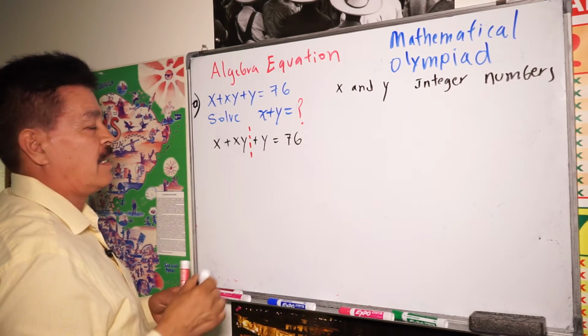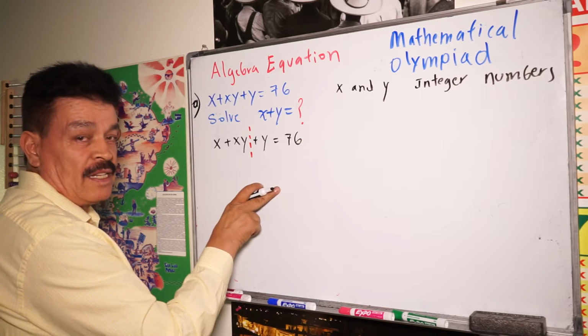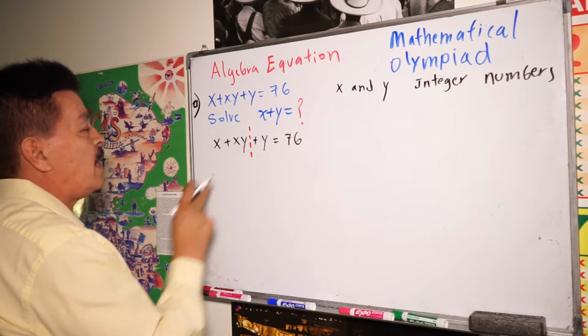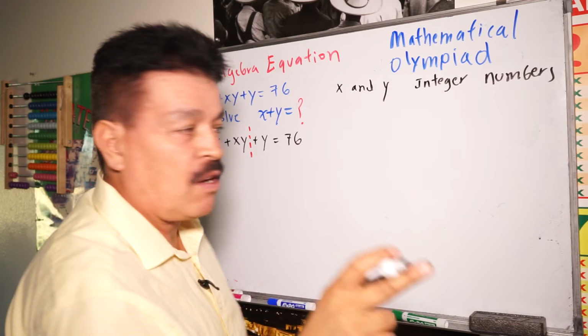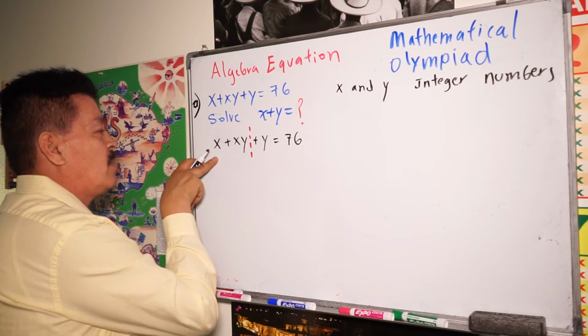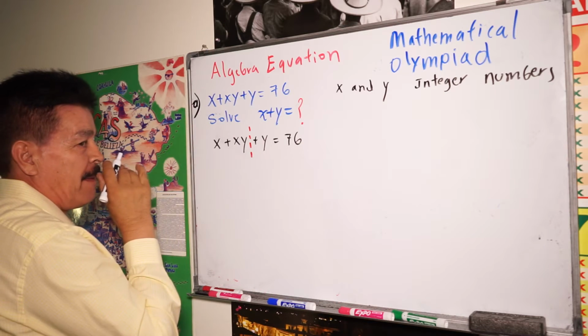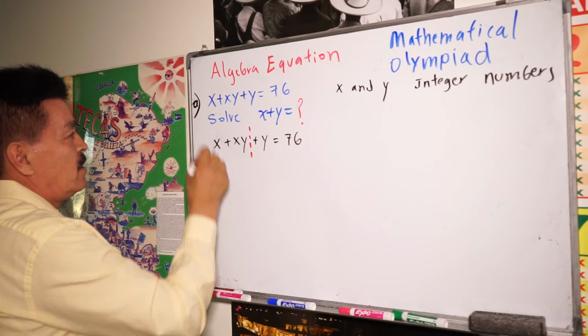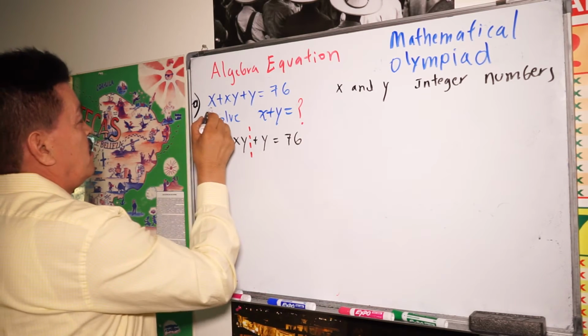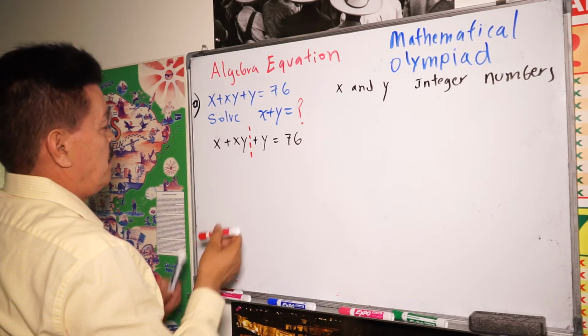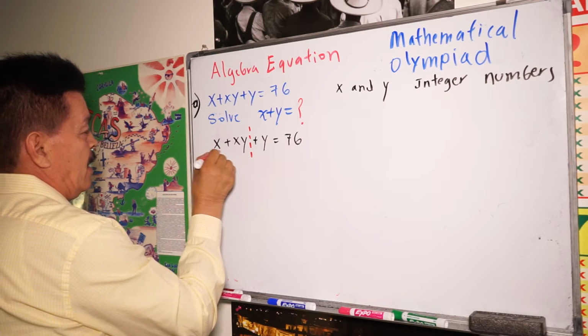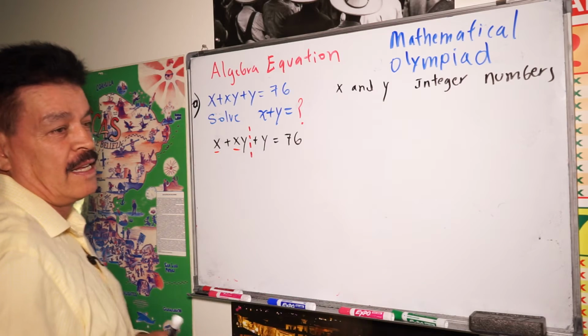So let's start here. I think the first step here is to factorize. We have the common factor here. What is the common factor? The common factor is x, right?